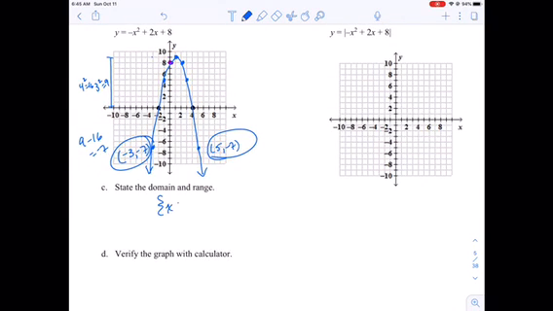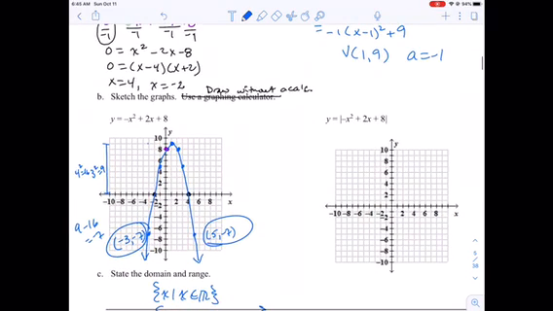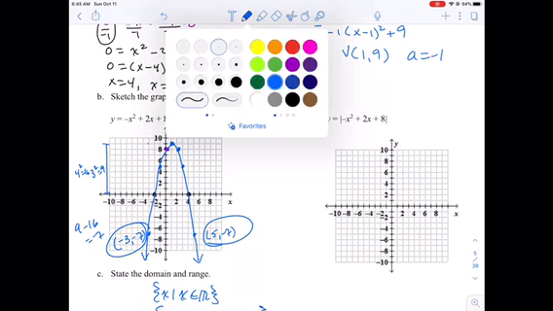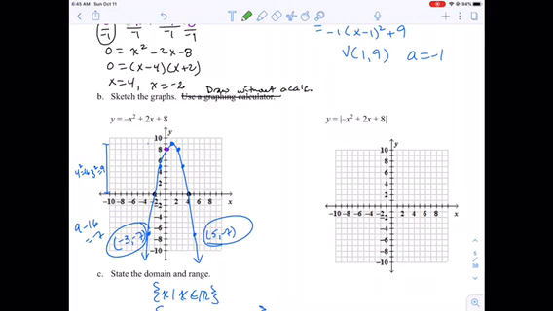So in fact, our domain is going to be all real numbers, and our range is going to be greater than or equal to 0. And I'm just going to reflect those points up. Okay, in green, this would become (5, 7). And this would become (-3, 7).